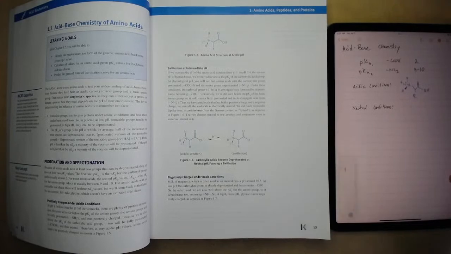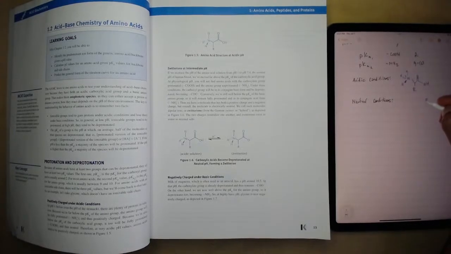You have our O minus instead of COOH, but our nitrogen is still fully protonated, giving it that plus charge.